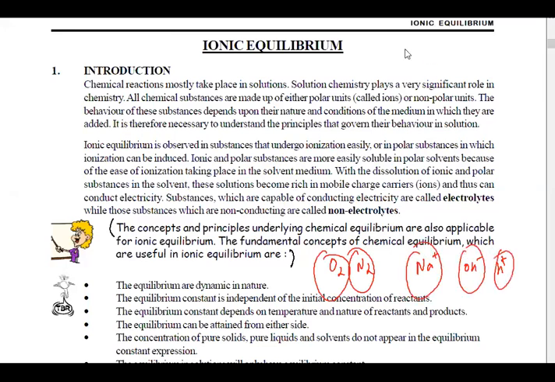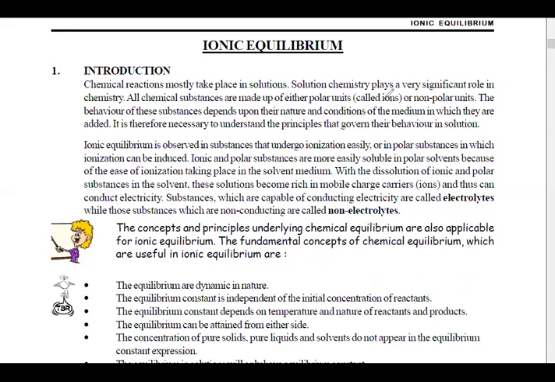Nothing else changes. Everything we have studied in chemical equilibrium is applicable in ionic equilibrium too. The only thing which will change is your reactant and product. Everyone got it?